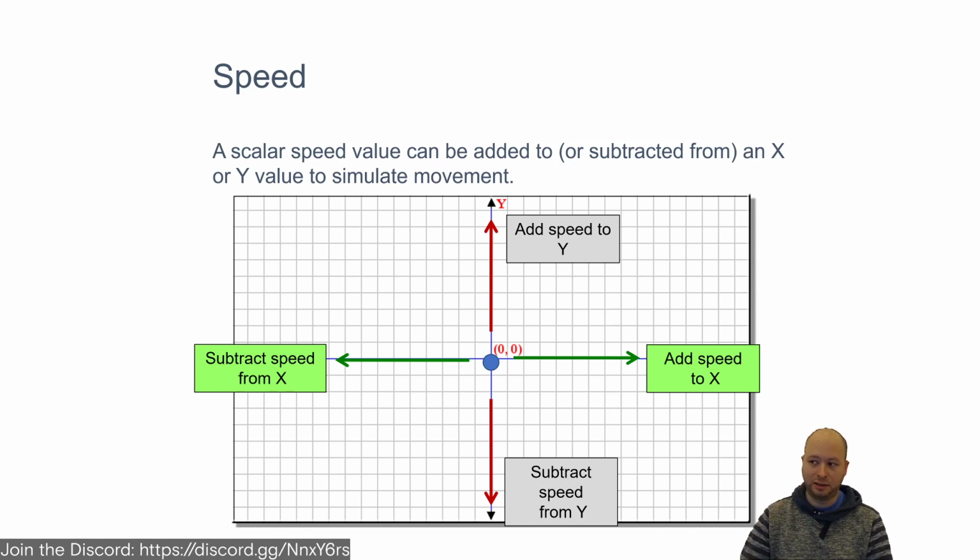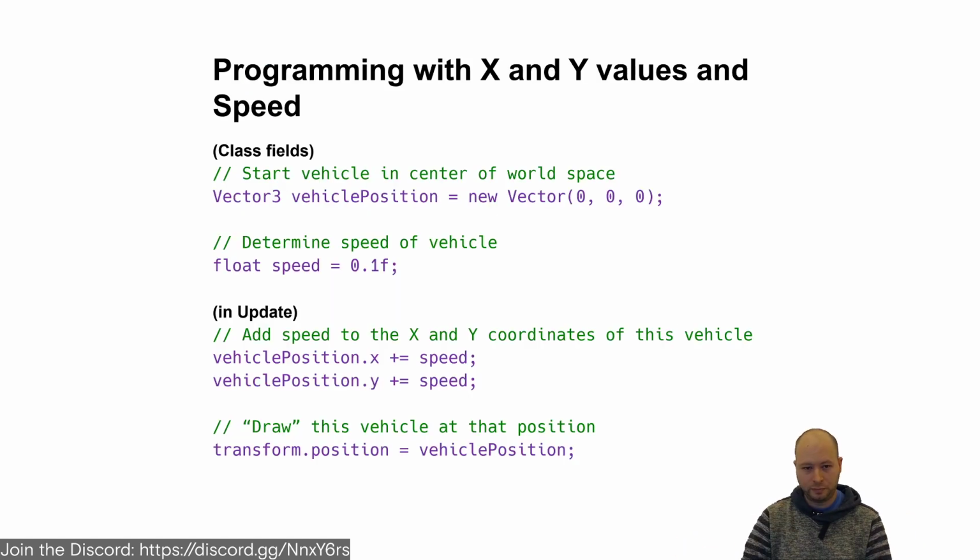Speed can be independent of axis, and this is sort of why we use vectors, but we'll get into that. Imagine we don't know anything about vectors. I just want to make a ball move along the x-axis or the y-axis at a particular speed, so every frame I add that value to it.